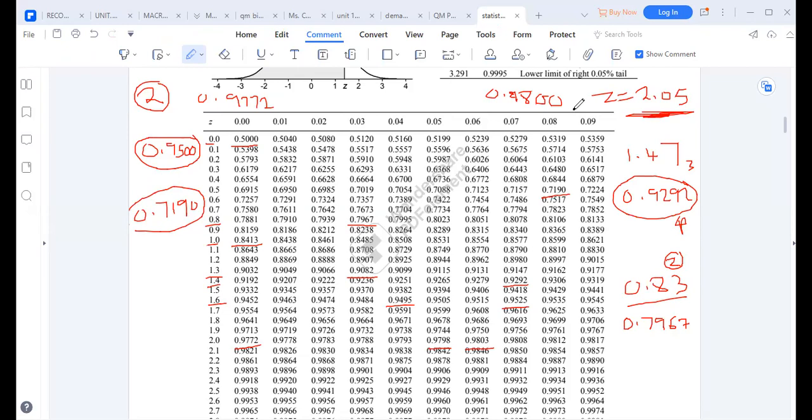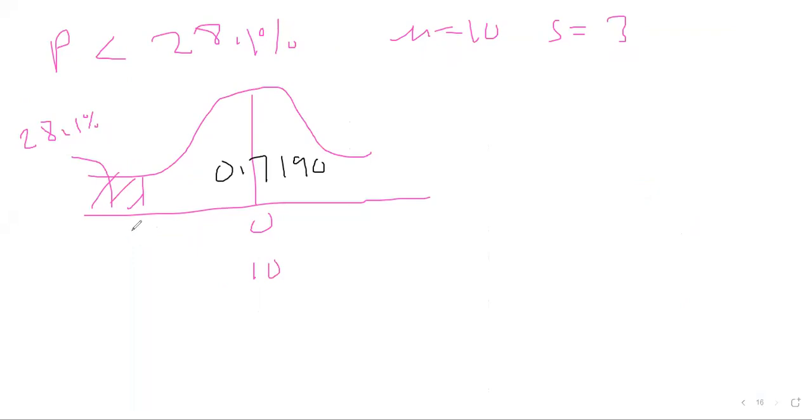Now it's 0.58. Excellent. 0.58. So this means this side, it is 0.58. Wait a minute. It is on the left side. Anything on the left side assumes a negative value. All right? So don't forget that.